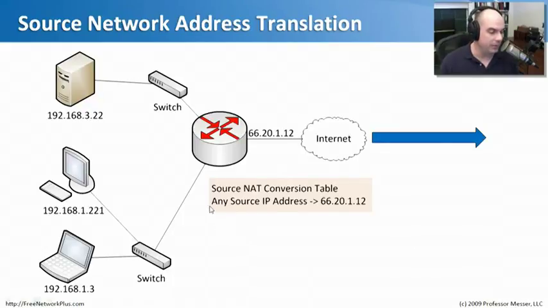And it knows that if it receives any source IP address on this side of the router, just convert all those IP addresses so the source looks like they're coming from right here. And that means when something responds back, they're responding back to that single external IP address, and your router again is responsible for converting that back on the inside back to you. It's a process that takes place all the time, the normal process of doing source network address translation.